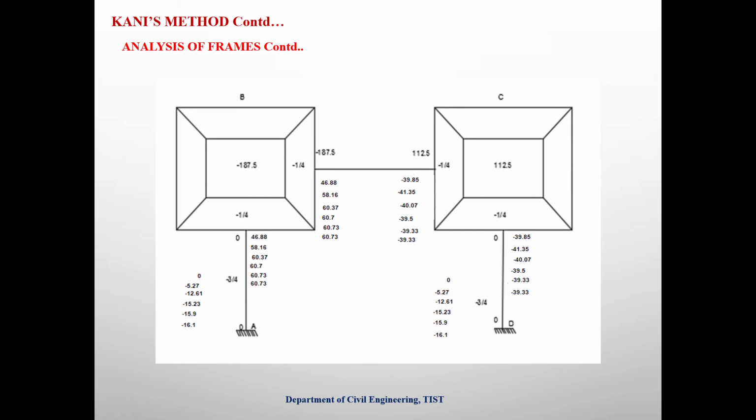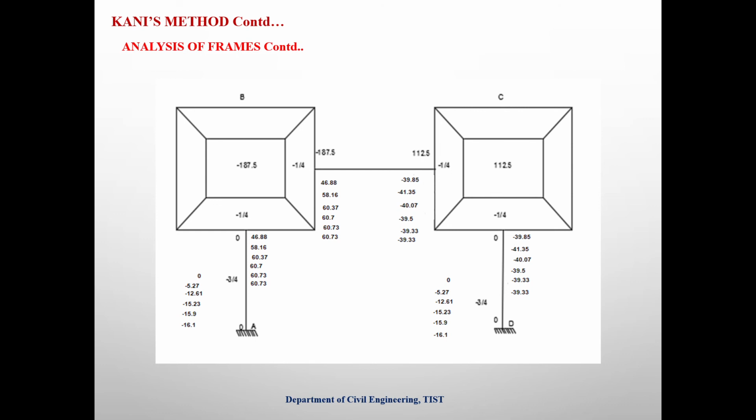After that, we have to find the rotation contribution. That means the sum of the fixed end moments plus the far end contributions, into the rotation factor. In the case of CB, the sum of the fixed end moment, that means 12.5 plus 46.88 plus 0, into minus 1 by 4 will be here. Then after this first cycle, you start the second cycle with the displacement contribution.